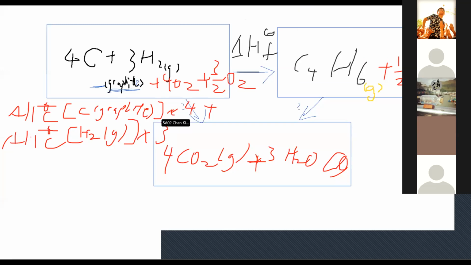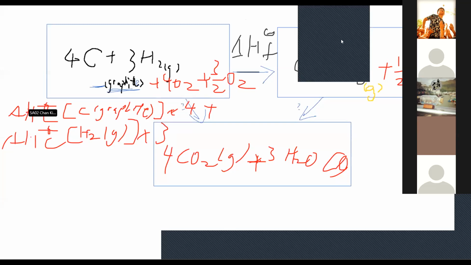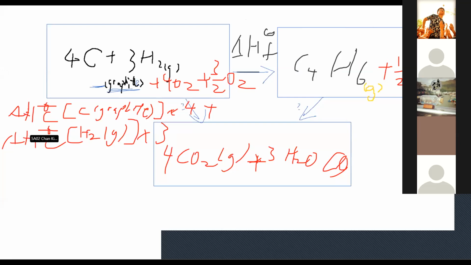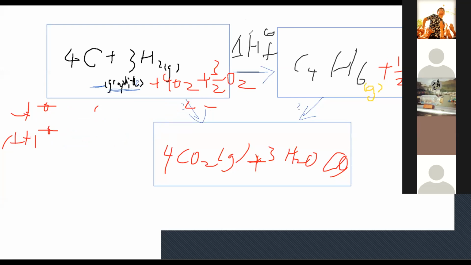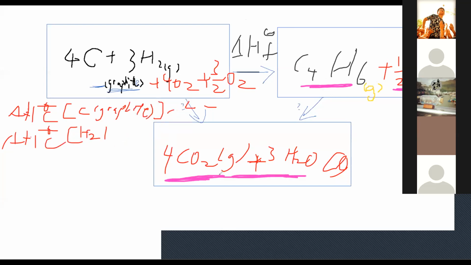I would like to use different colored pens such that all of you can keep track of what is happening. Now, first of all, the pink one, just continue. I would like to use your word. First of all, take a look at the right-hand side first. So the C4H6 plus 11/2 O2 to form 4 CO2 plus 3 H2O.